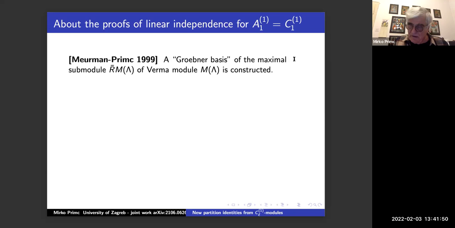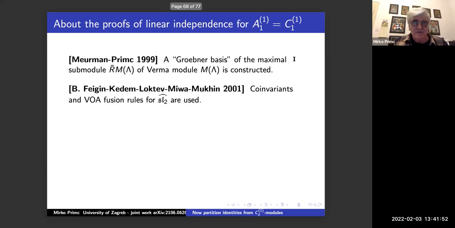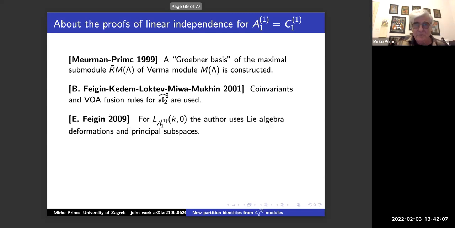There are other independent proofs. So Feigin, Jakobi, Kedem, Lukyanov, Miwa, Mukhin used coinvariants and Bose fusion rules for SL2 heads. So it's completely different thinking and proof.